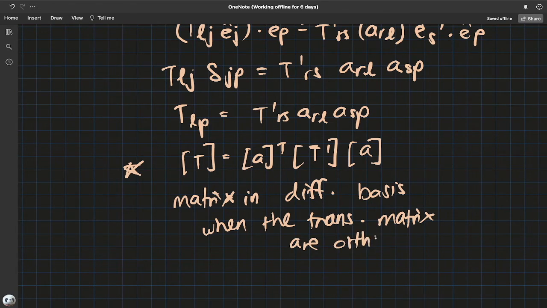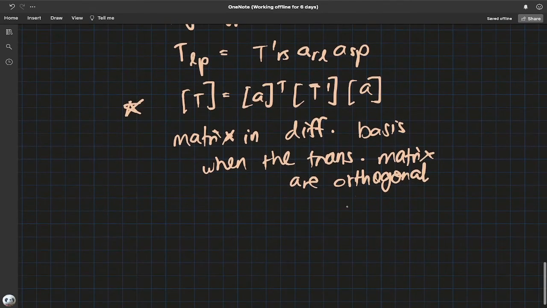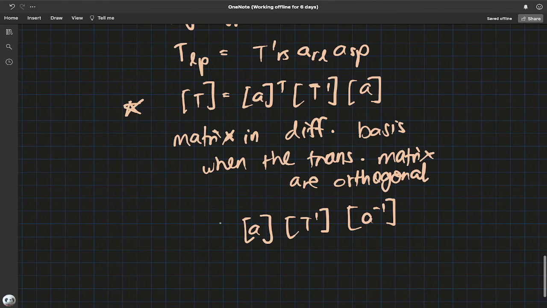Otherwise we would have to take the inverse, and this would be A, T prime, say A inverse, something like this, if the matrices weren't orthogonal. But again, this is the basis change formula for a linear transformation that's represented by a matrix.